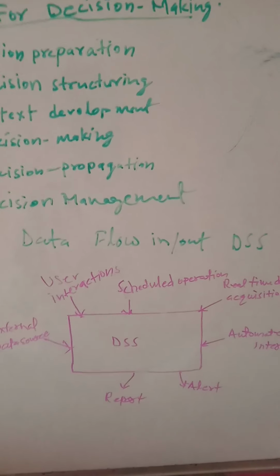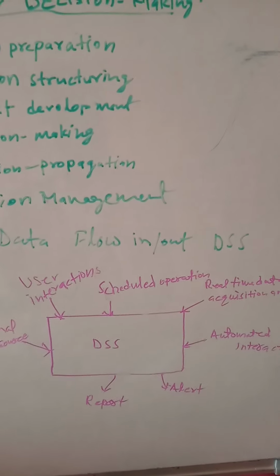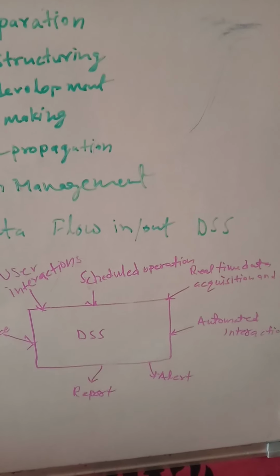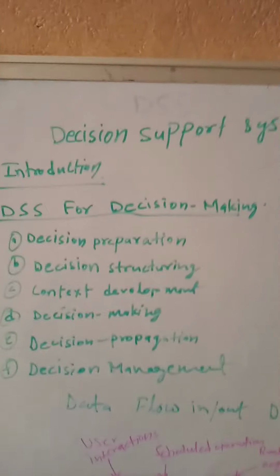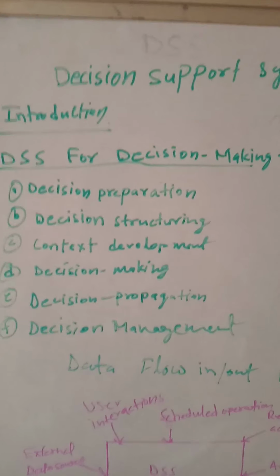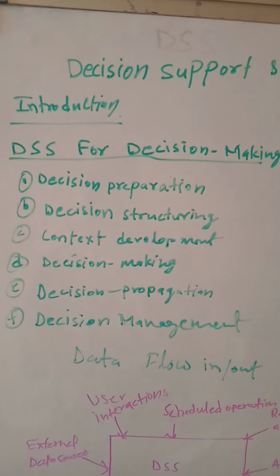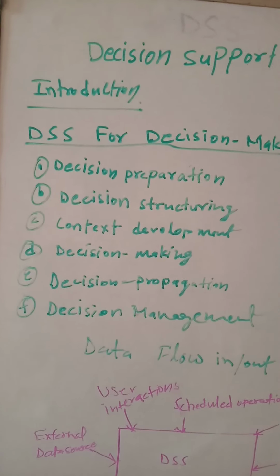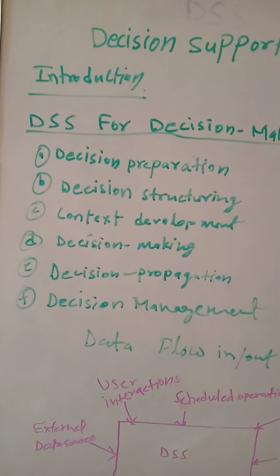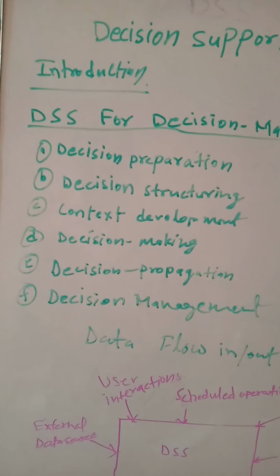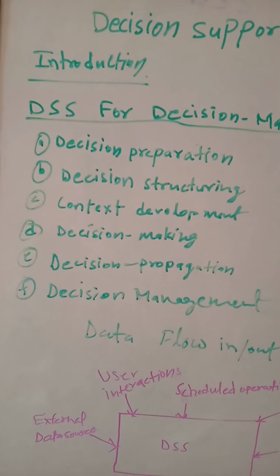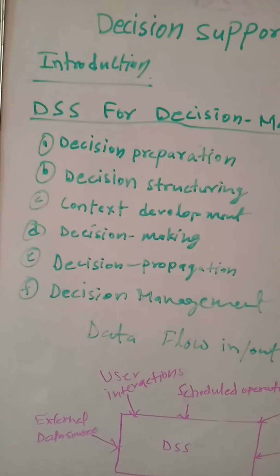Now, first of all, I will explain to you the introduction of DSS. DSS is an interactive computer-based system to help decision makers use communication technology, data, documents, knowledge and/or models to identify and solve problems, complete decision process tasks and make decisions.